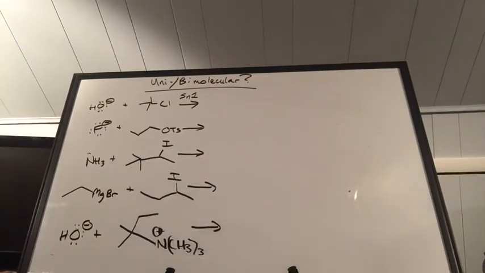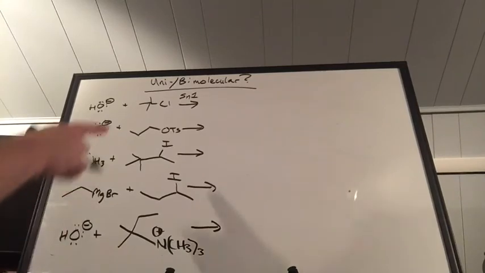For the second example here, you have F minus. F minus is the most electronegative, so it is going to have a conjugate acid that is not going to be as strong as, let's say, tosic acid.